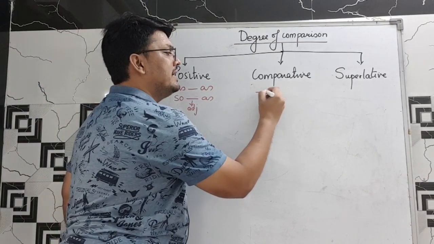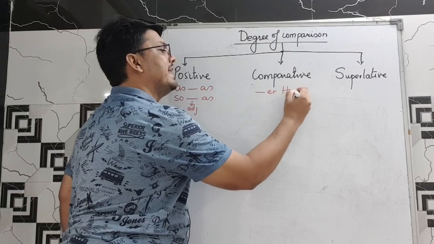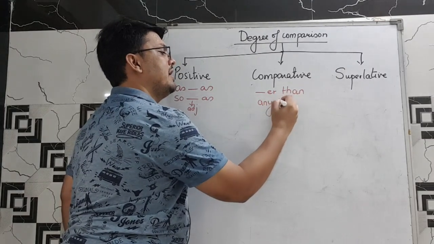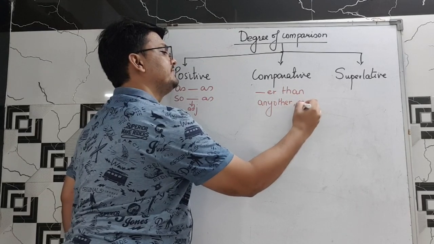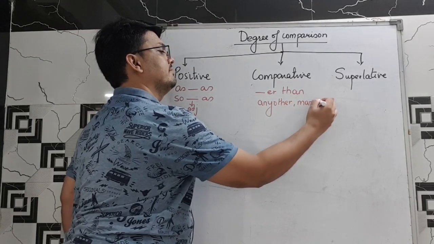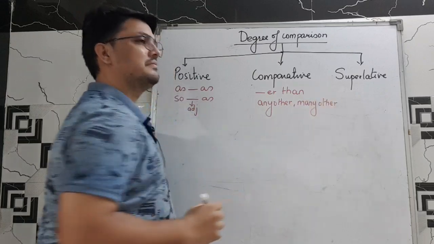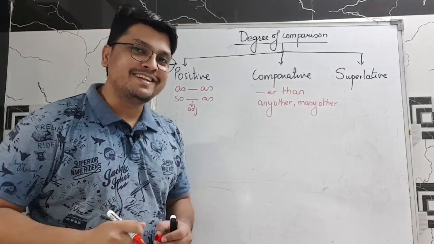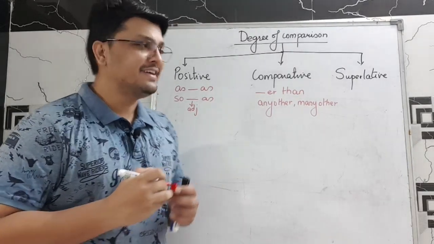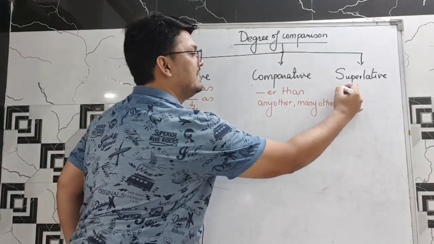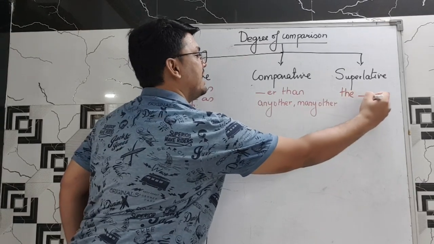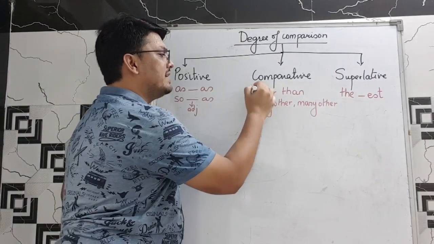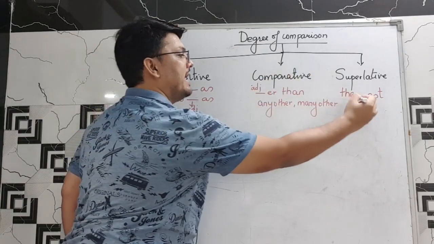You will see er, then, any other or many other. Now, how will you identify that the given sentence is in superlative degree? Here you will see the est. So you can see I have put a dash here. In this dash will come what? Adjective.